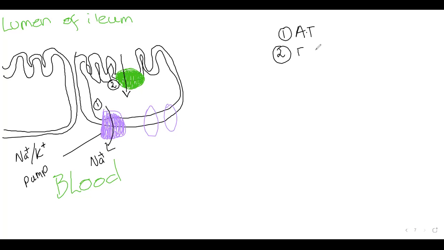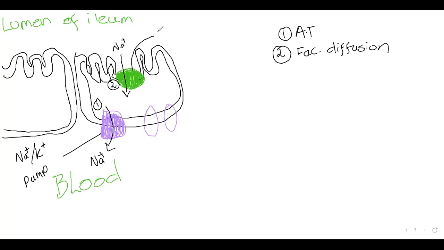Number 2 causes sodium ions to diffuse. This is obviously going to be facilitated diffusion because we're using a channel protein. So it causes sodium ions to diffuse from the lumen of the ileum into the epithelial cell, down their concentration gradient. They do this via the sodium glucose co-transporter proteins.